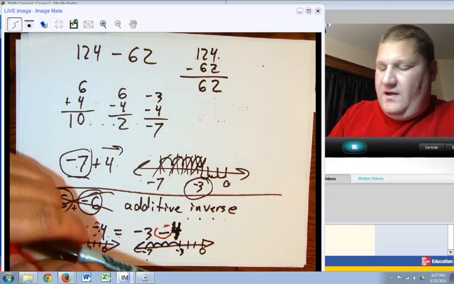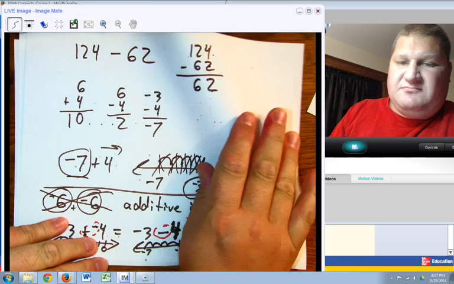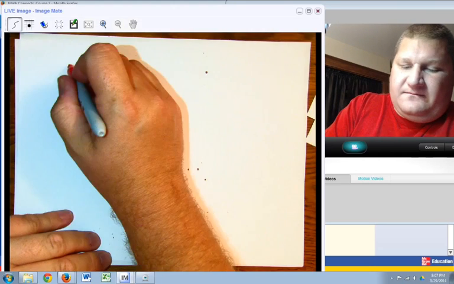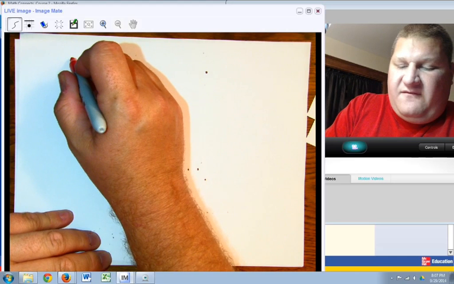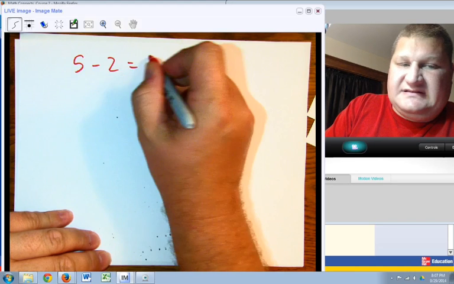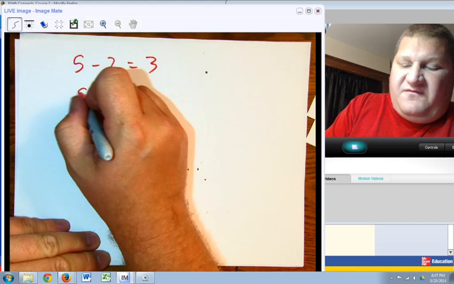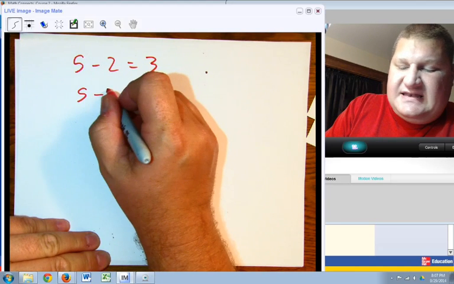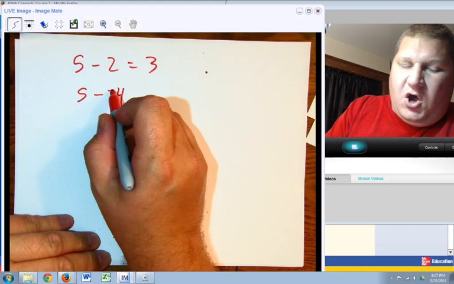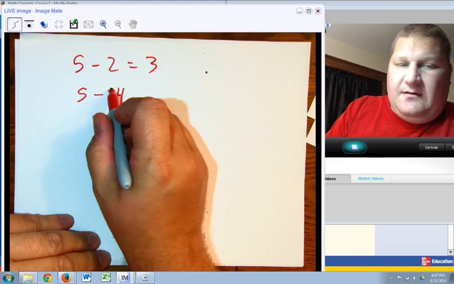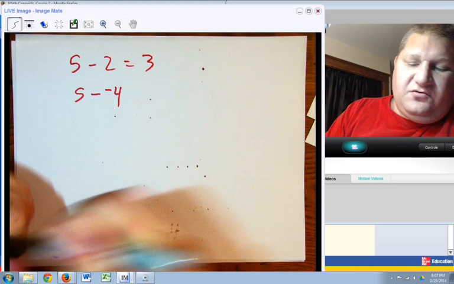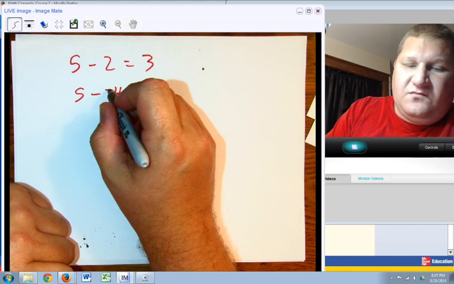Now, the one that really blows people's minds is the following. If I have 5 minus 2, well, that's easy. That's 3. But if I have 5 minus negative 4, wait a minute, I take away owing 4, it's a double negative. Think about it this way, folks. If I have two negatives put together, it's like two magnets.